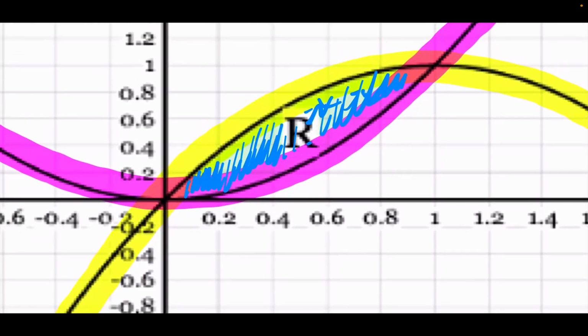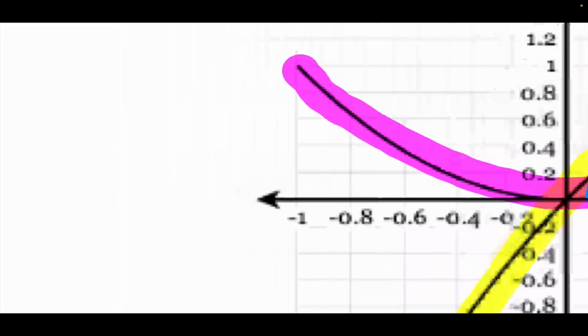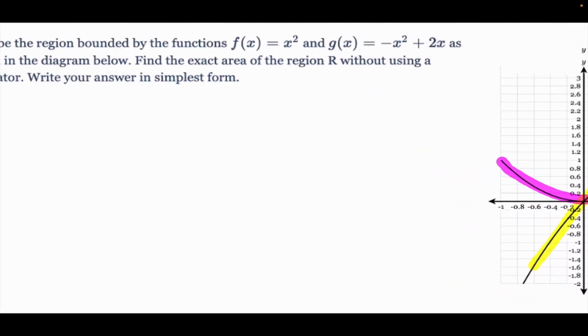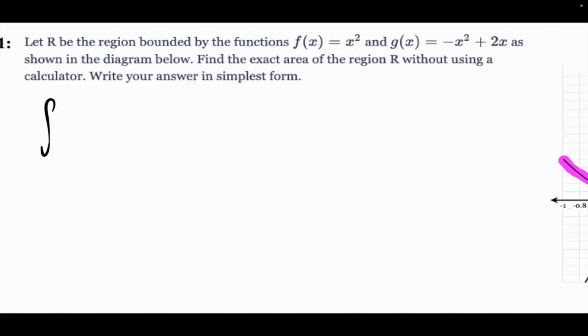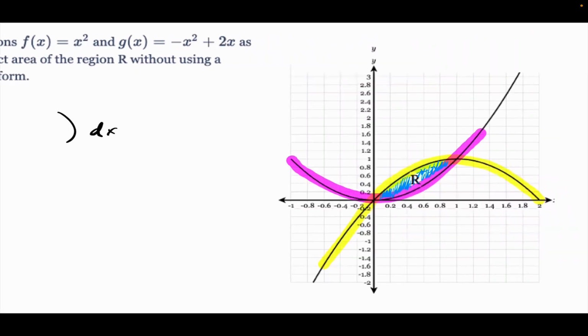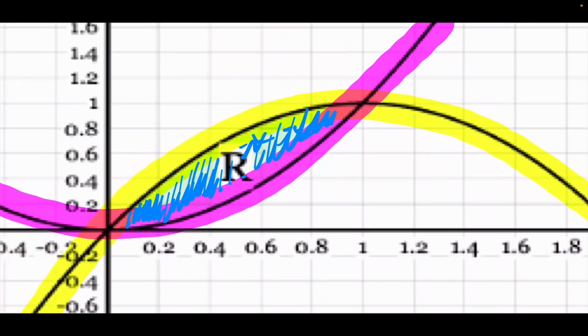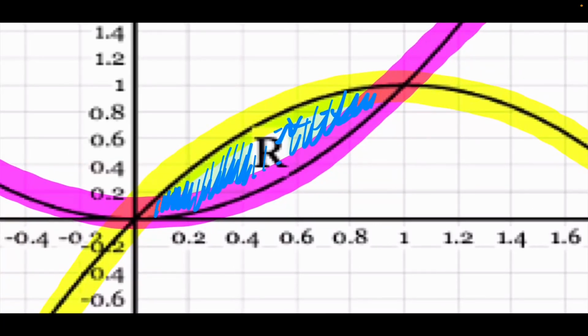So my first question is, what is the top and what is the bottom? Because that's what I need for my formula. I need to figure out what is the top, what is the bottom, and find the integral of that. So let's start with the top. I know the yellow is the top, and the pink is the bottom of that blue area.